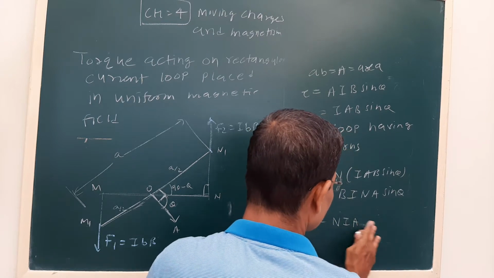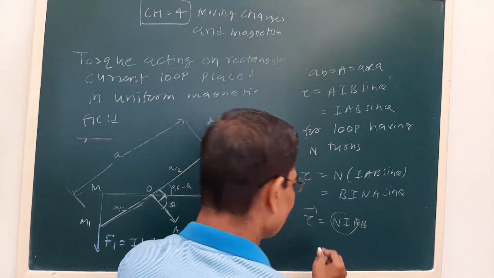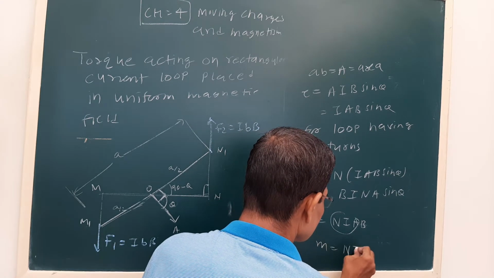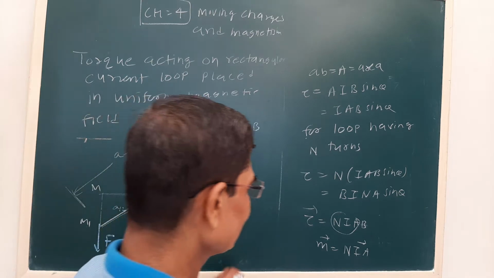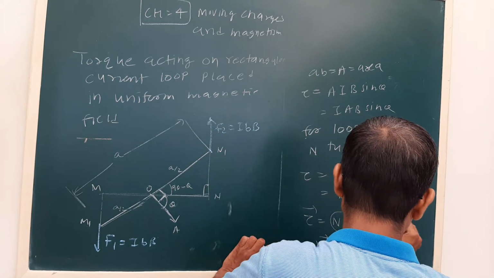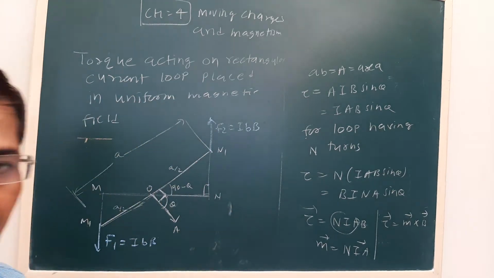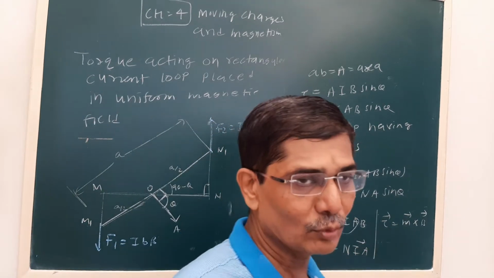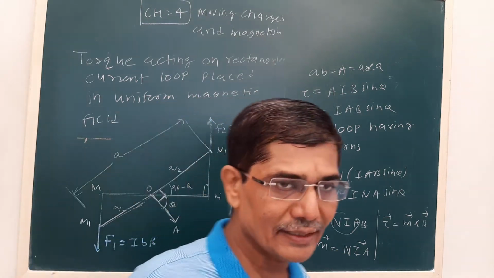Now see this NIA, we can write NI A is called M, that is the magnetic dipole moment. Remember, area is a vector quantity, so the torque we call M cross B. Here again, this is the magnetic dipole moment of the rectangular loop, and B is the magnetic field.